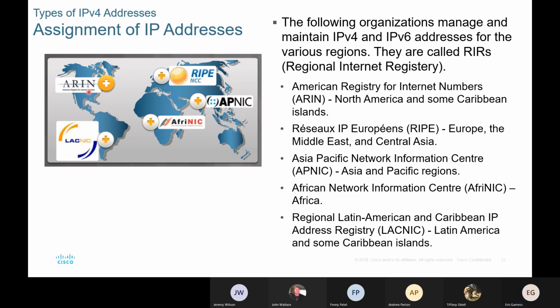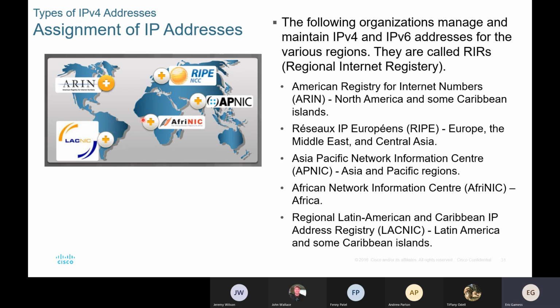ARIN, which stands for American Registry for Internet Numbers, controls North America and some islands in the Caribbean. And we have another NIC, LACNIC, Latin America and Caribbean Network Information Center. They control South America, Central America, and some islands of the Caribbean.